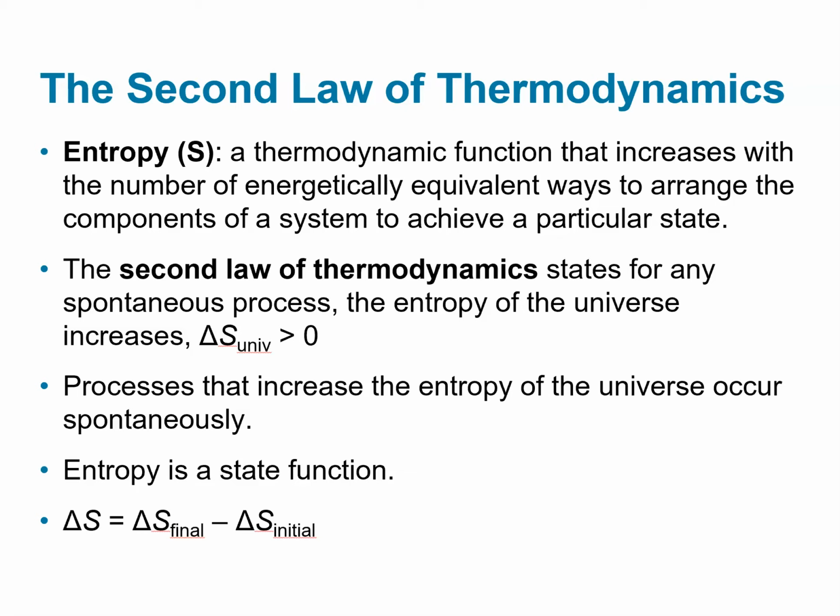So that's why a liquid will have higher entropy than its solid, because there's more ways you can arrange the atoms three-dimensionally and vibrationally. And why a gas is higher entropy than a liquid, for the same rationale. And we'll go into that in a little bit more detail, but that's fundamentally why.